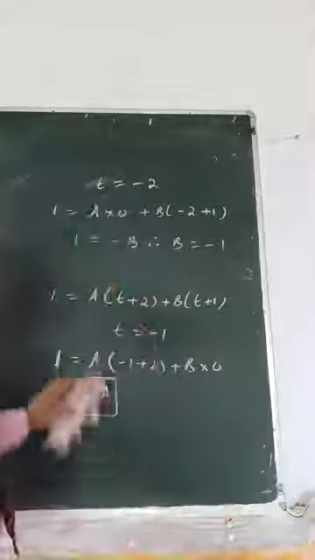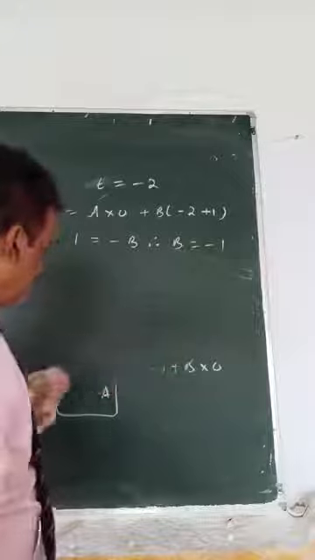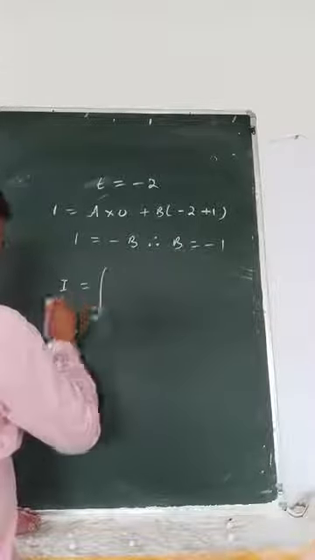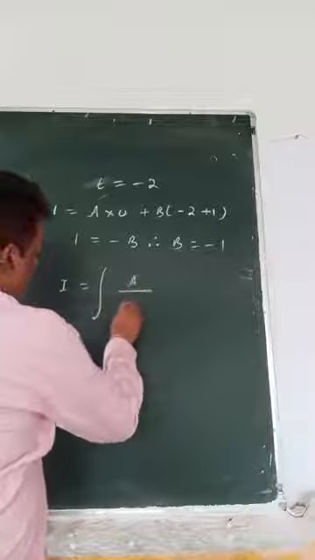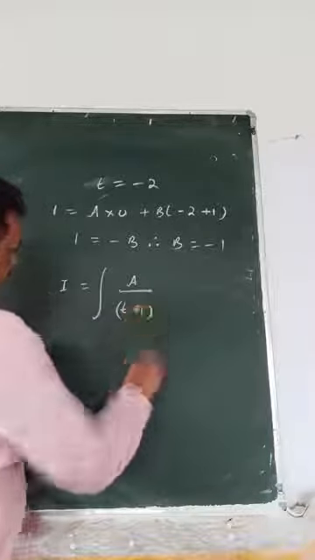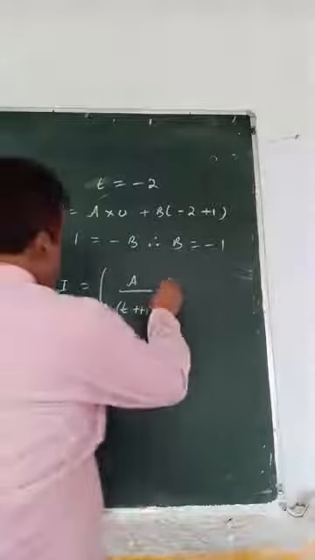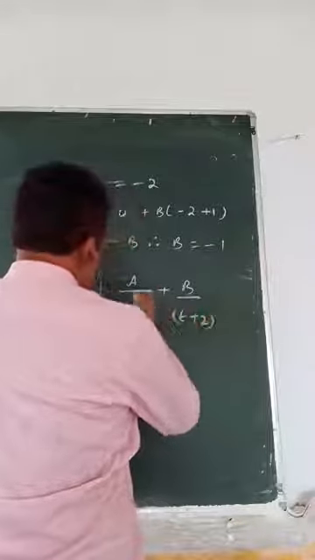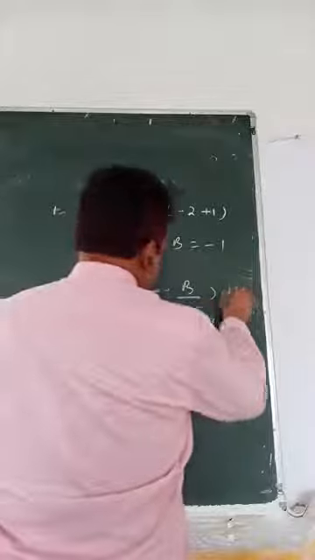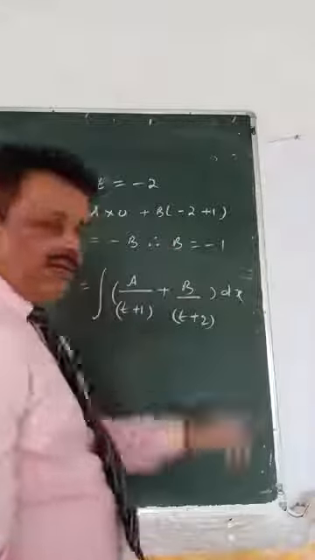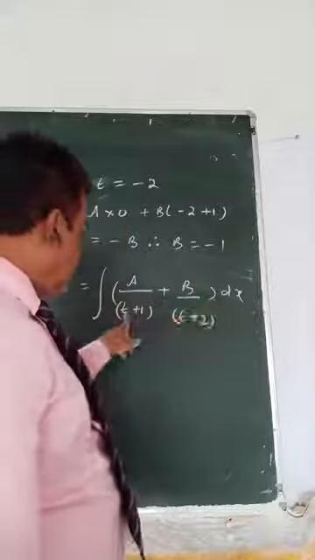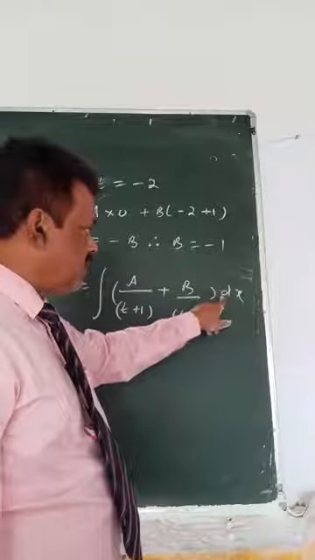Now listen to me. What you have done is, in your integration you have written a by t plus 1 plus b by t plus 2 with respect to x, because I have not taken the derivative, so dx will remain. So dx, t cannot be integrated with respect to x.